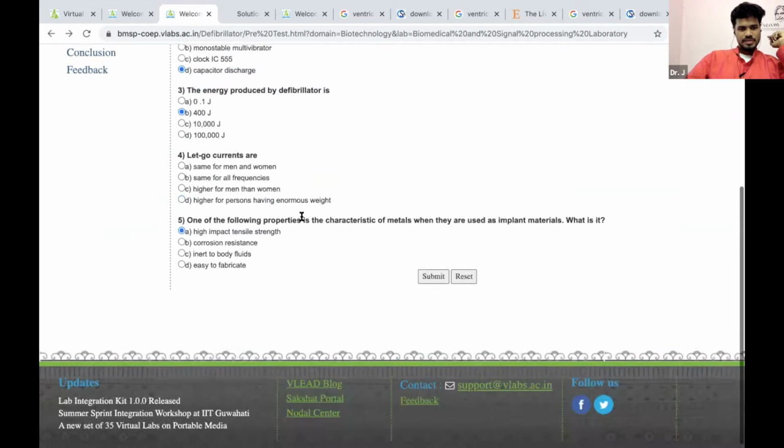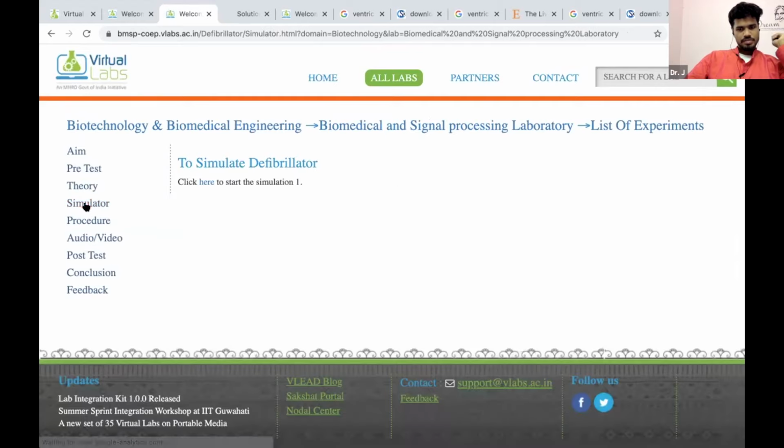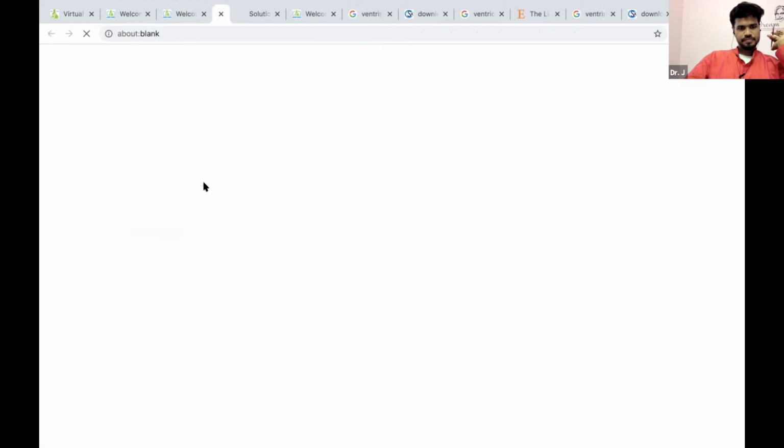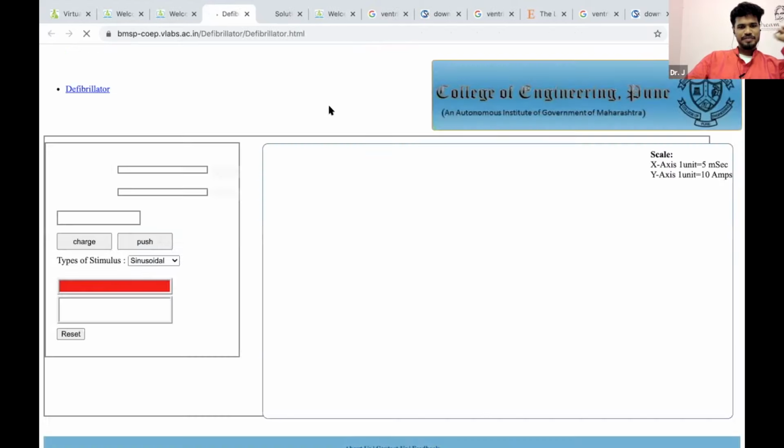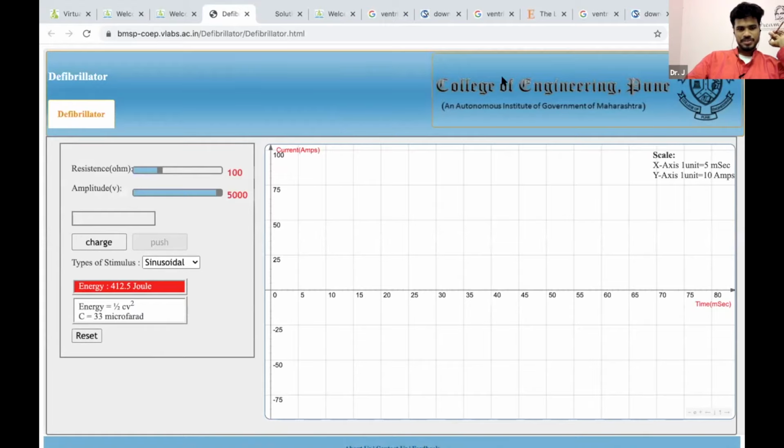Yes. So let's go to the simulator quickly. I gave spoiler alerts for the simulation. There is one point that I want to show here. We have a certain amount of resistance. This is approximately the body's resistance for conduction.